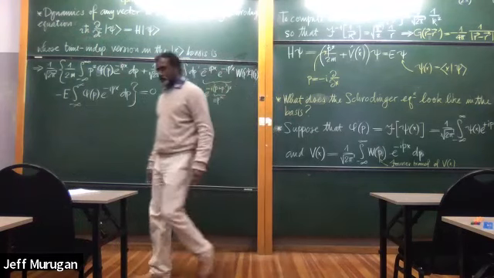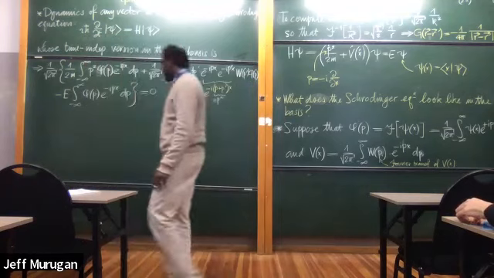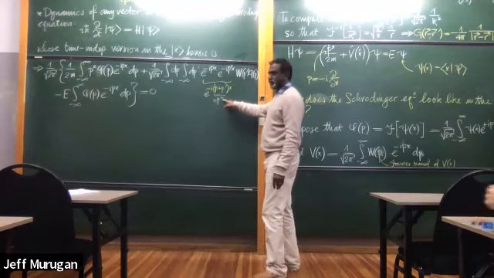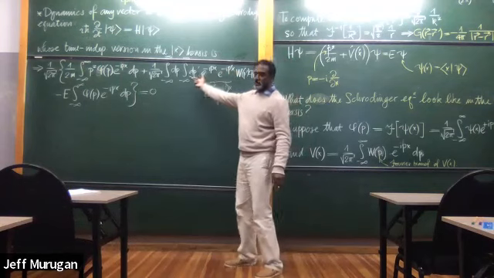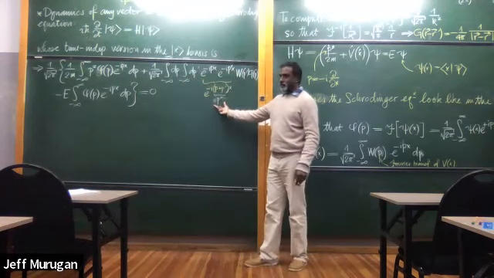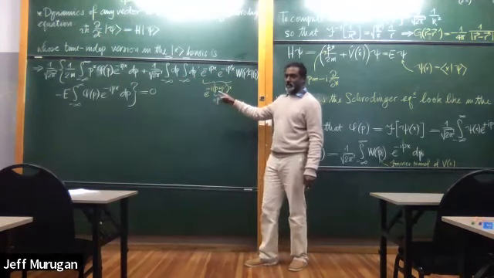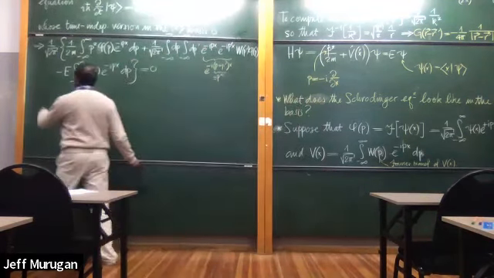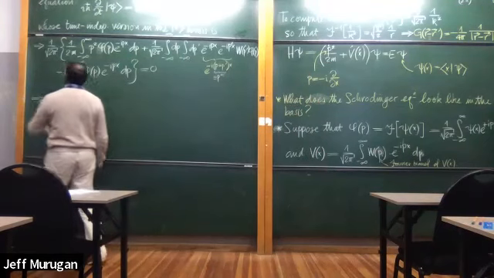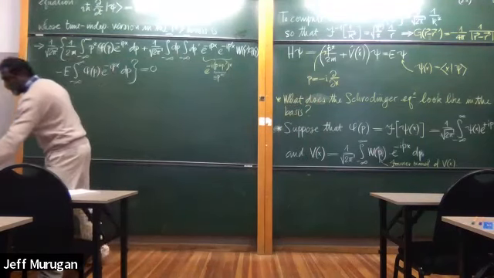Change variables, and then I'll relabel this thing as p. So I'm skipping a couple of steps here. Essentially, it's recasting this integral as an integral over p double prime and then relabeling that as p. I want you to fill in the steps.